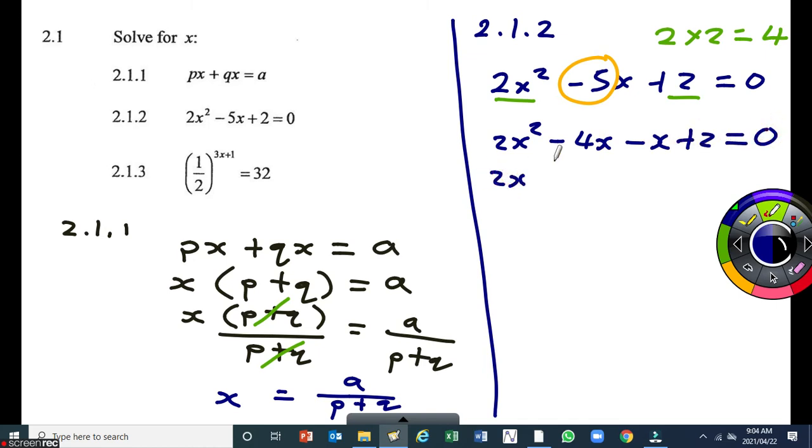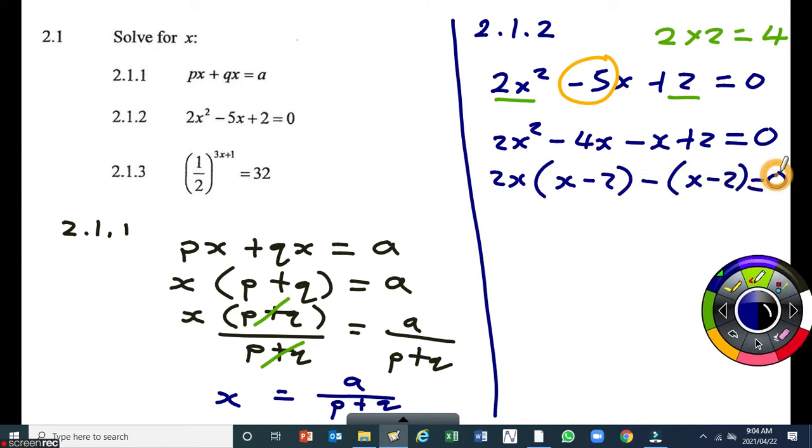And this will give you 2x times (x minus 2) minus (x minus 2) equal to 0. Right? And then, this is very interesting. We have got a hidden 1 there. Actually, it's going to be a negative 1. So when you finish this, you get (2x minus 1) times (x minus 2) equal to 0.